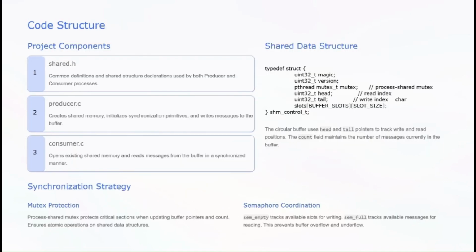Coming to the code structure, we have created two .c files and one header file, because the header file consists of variable and function declarations. We declared a struct, which is a shared memory structure that both the producer and consumer will utilize. So we have used the shared.h header file for both producer and consumer.